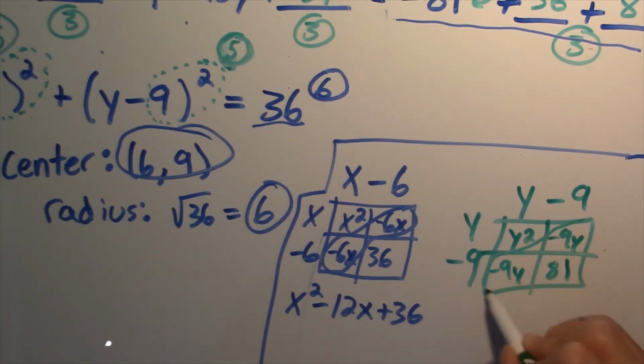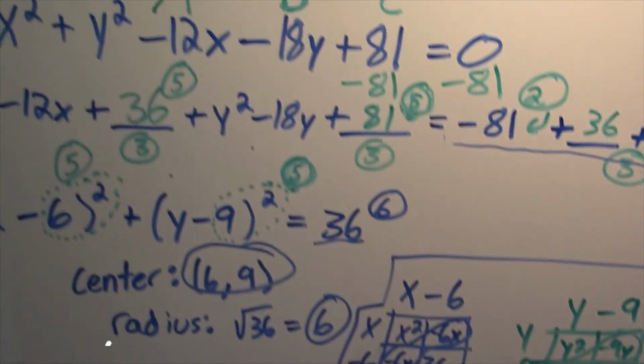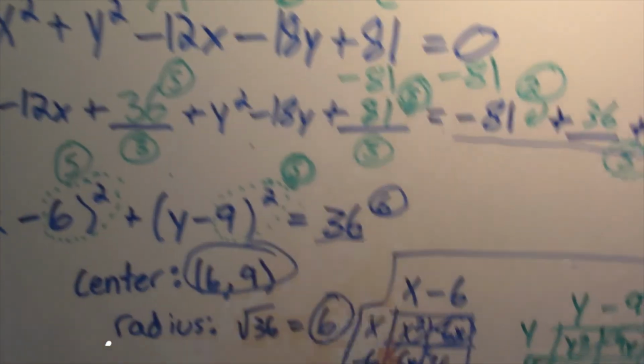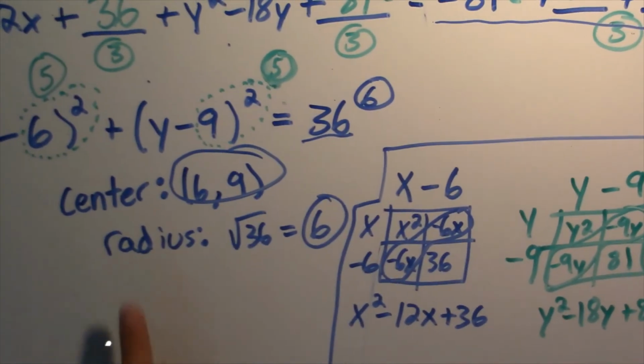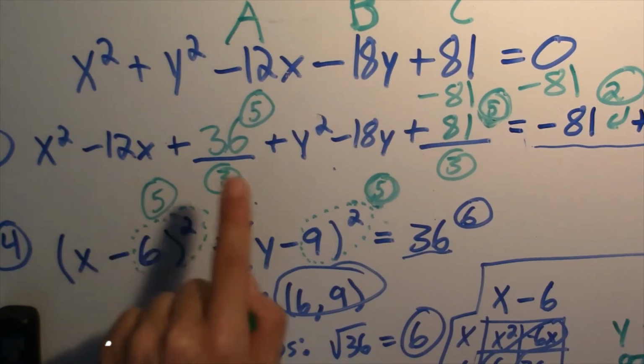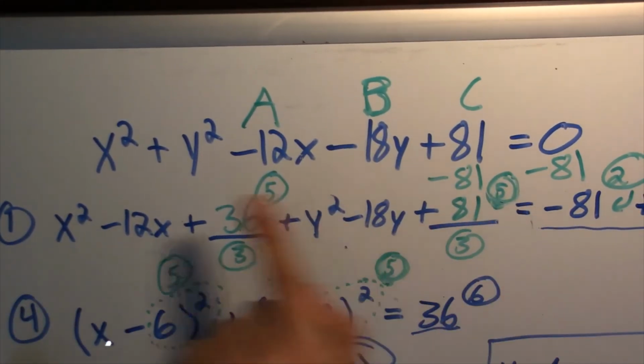The two negative y's combine, and we get y squared minus 18y plus 81, which is what we had right here. It's the same thing. So that's how we're filling in these blanks to make these two pieces equal, and we end up in standard form from general form.